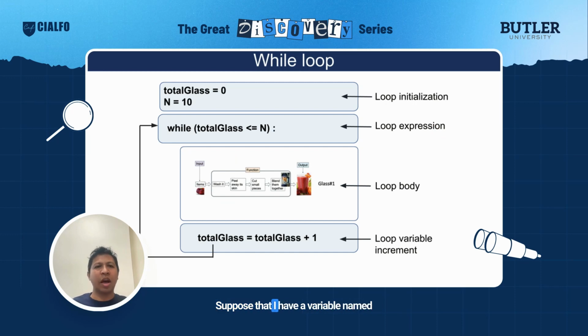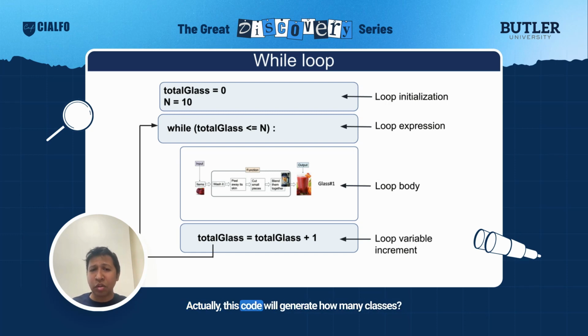Suppose that I have a variable named total glass whose initial value is 0, and suppose n value is 10. Now this is my loop's body. Until I reach glass number 10, I'll keep making juices. In each iteration, I'll increase the value of the total glass variable by 1. And my condition is, as long as total glass value is smaller than or equal to n, I'll keep making my juice.